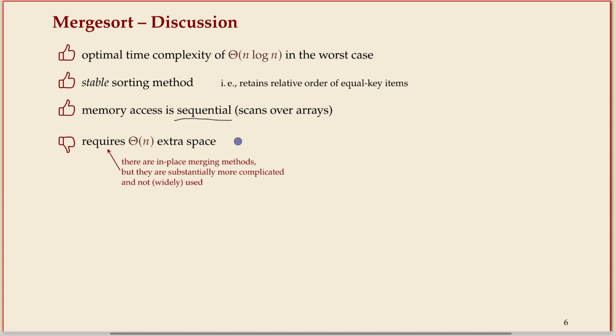Now, Mergesort has one big downside, which is that it needs this buffer space for merging. Remember, when we take the two runs, the only easy way to do merging and stable is to write elements to a buffer array. And that means we need extra space.